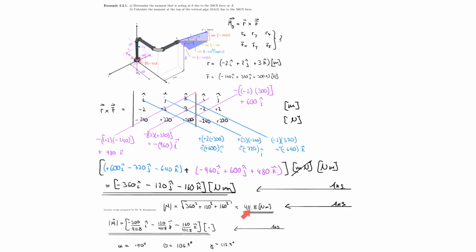And the final resultant moment is also physically described here, although it's very difficult to see from this point of view. All right, I encourage you to really go ahead and perform the calculation for this part of the problem, where you have to form an r vector from this location of the pipe to this location of the pipe. So your r vector will change, your F vector will remain the same.